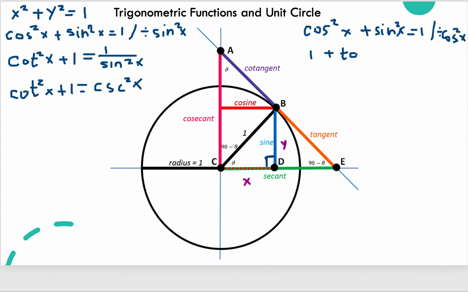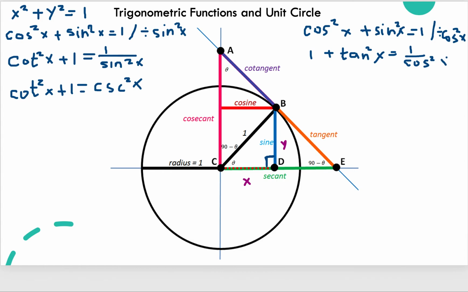So we have this equation here. We are now looking at the relationship between tangent and cosine, and here is 1 divided by cosine square x.